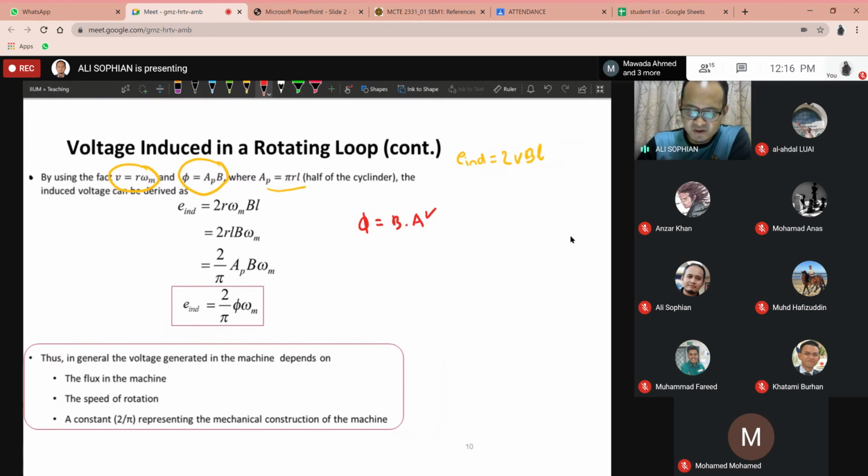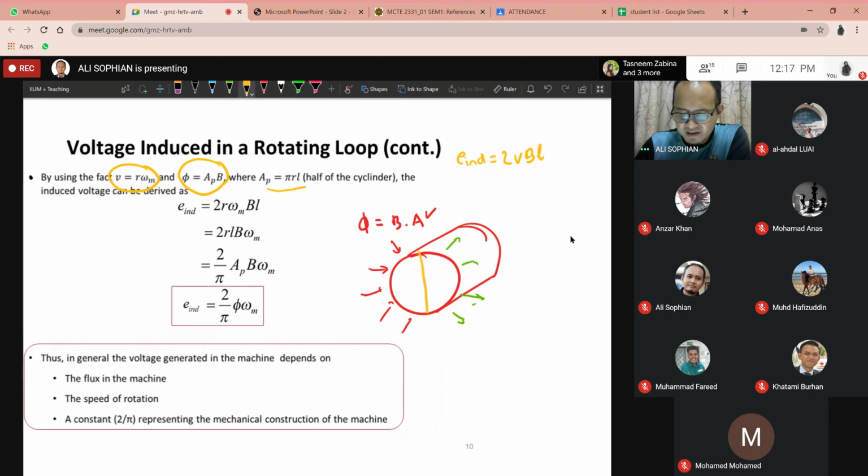The assumption that we use, remember that we have a cylindrical core. It's 3D. The magnetic flux enters the core on one side and leaves the core on the other side. So in this calculation, to simplify the problem, we assume it enters into half of the cylinder and leaves from the other half of the cylinder.